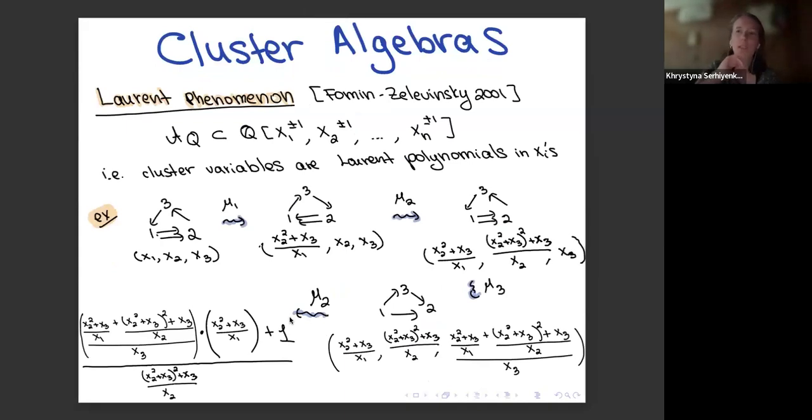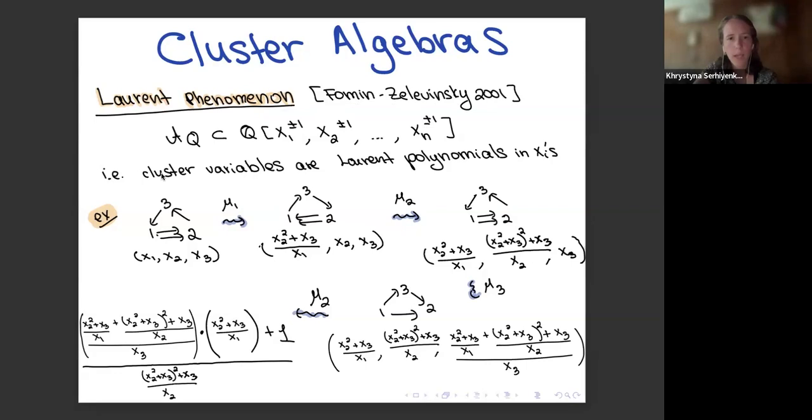All right, so this looks scary, but do not be alarmed. So there are two very important properties that we will care about, and the two big, nice results in cluster algebra. The first is the Laurent phenomenon, which was already observed by Fomin and Zelevinsky when they introduced the cluster algebras.